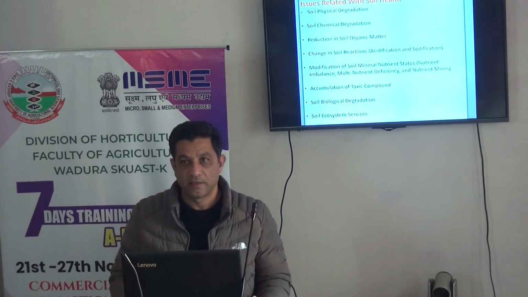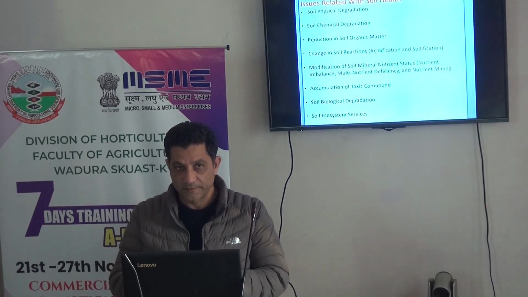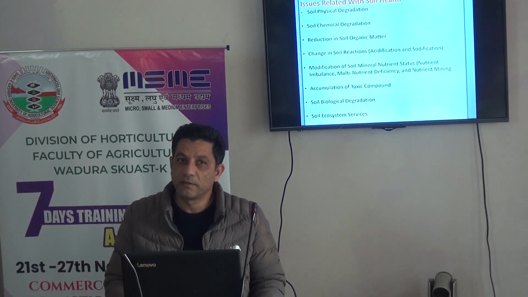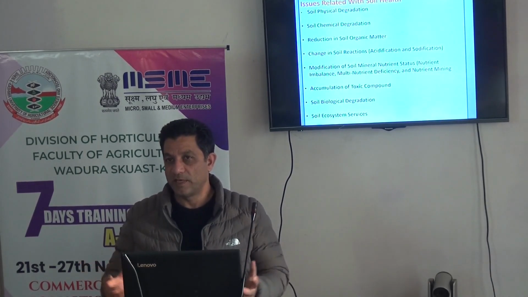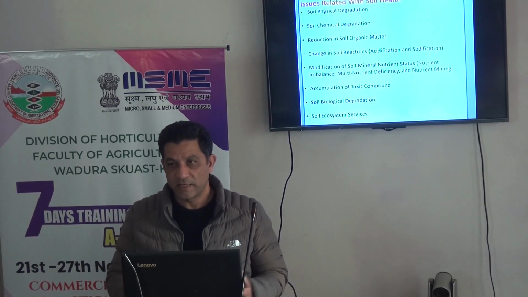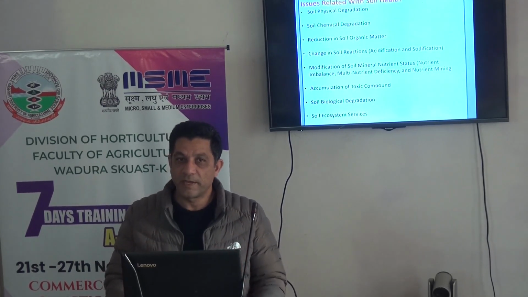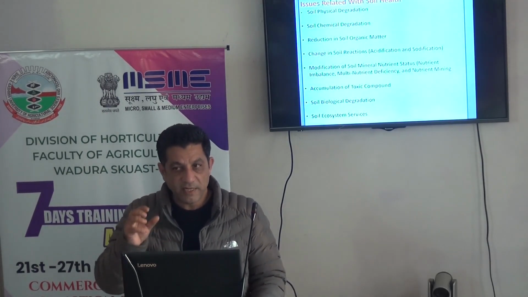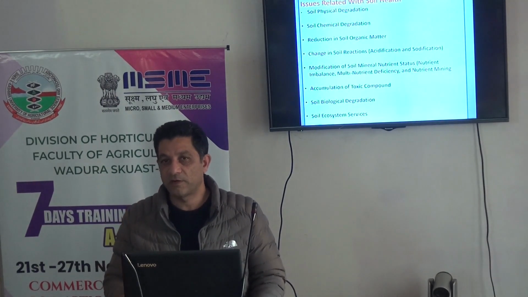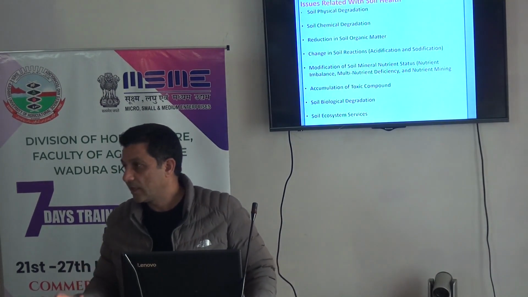Then there is the biological property, which is also related to the physical property. For example, if there is less pore space, there will be less air and less water. So for the flourishing of the microorganisms, there will be difficulty. So we have a smaller number of microorganisms, less microflora, which is an important aspect for soil health.